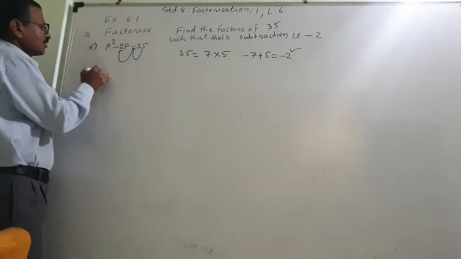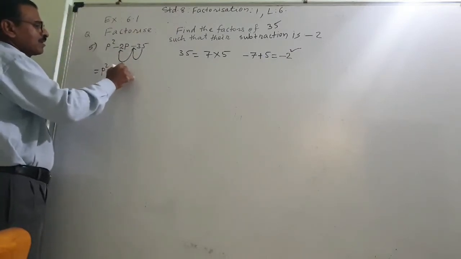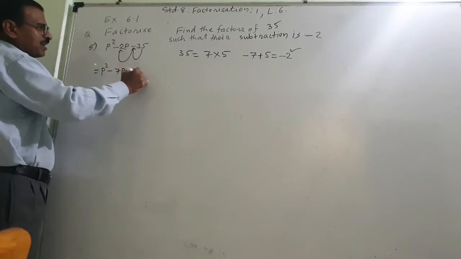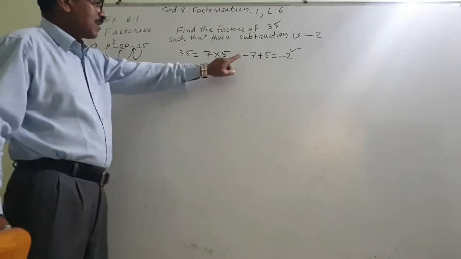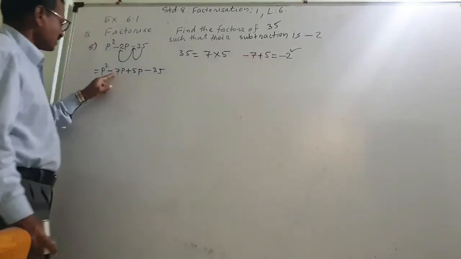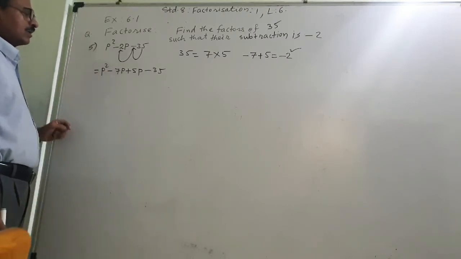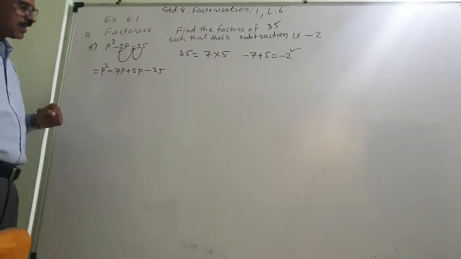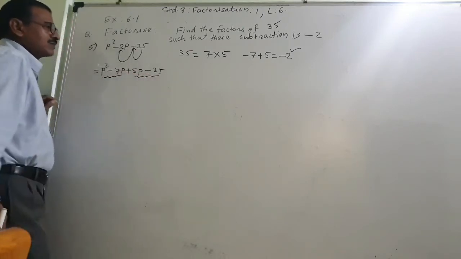So this is equal to p square minus 7p plus 5p and minus 35. See this, minus 7 plus 5, but it is p, that's why p. This is the splitting of the middle term. Now two groups.